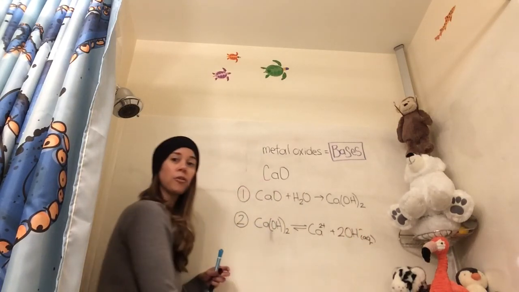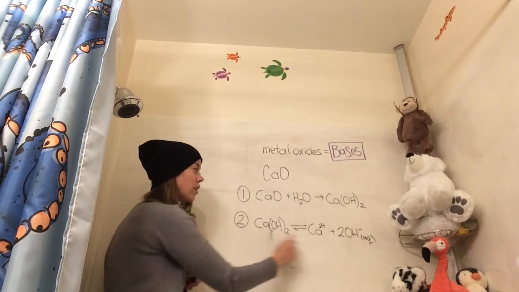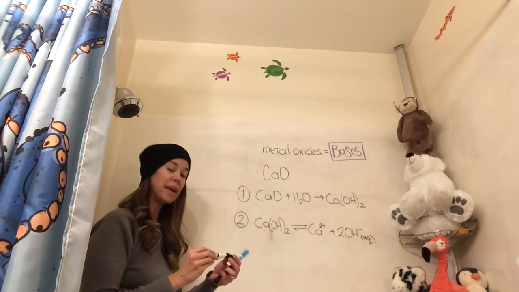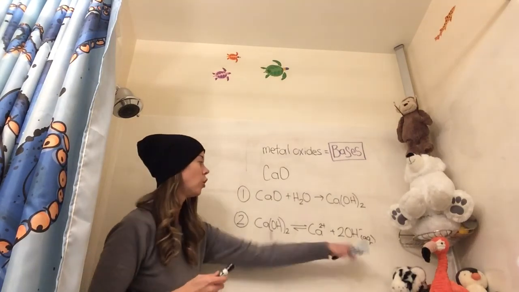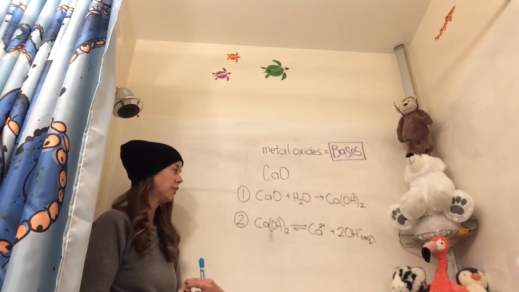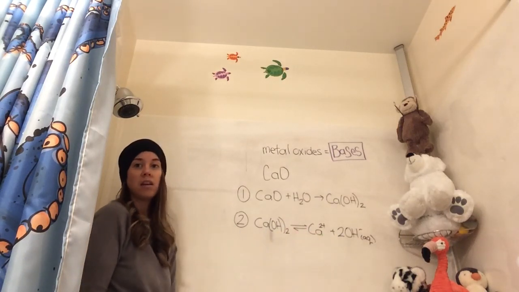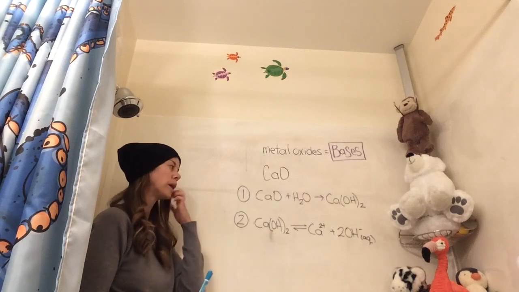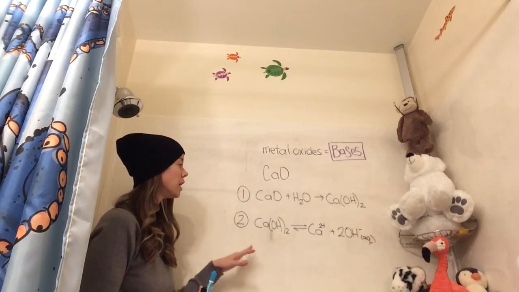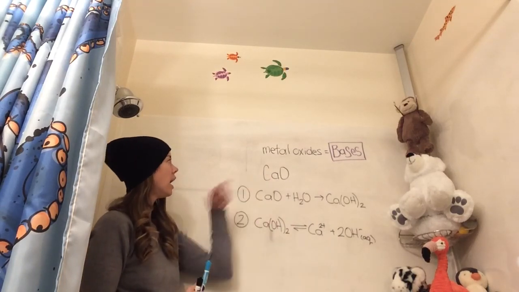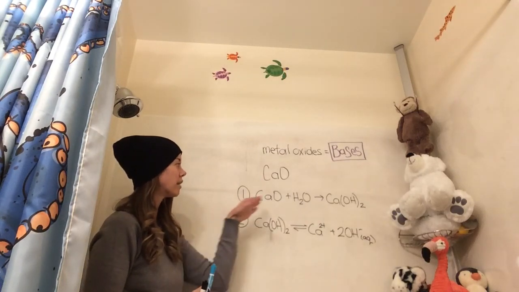Because we still got those hydroxide ions when this dissociates, we are going to call this a base. It's a weak base because we only get a few hydroxide ions from it. We could calculate a percent concentration, or we could calculate a Kc, and we'll do that later on. But you can see here, a metal oxide is going to react as a base.